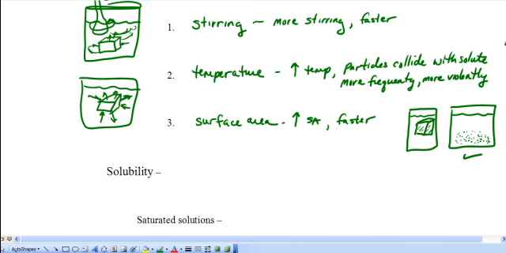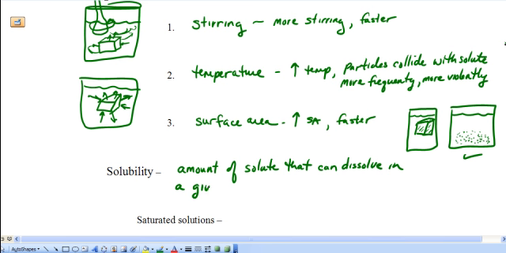Now, in terms of solubility, solubility is the amount of solute that can dissolve in a given amount of solvent at a given temperature.